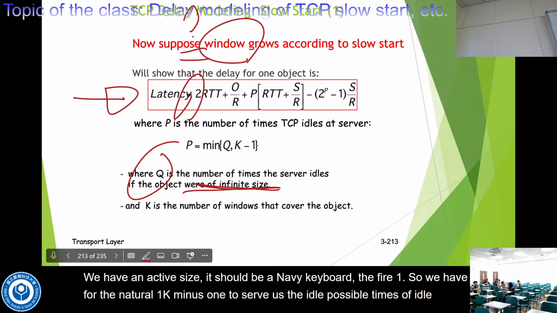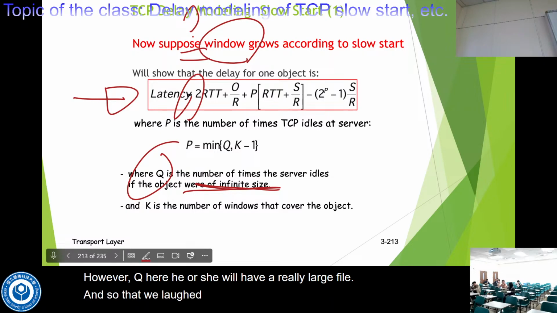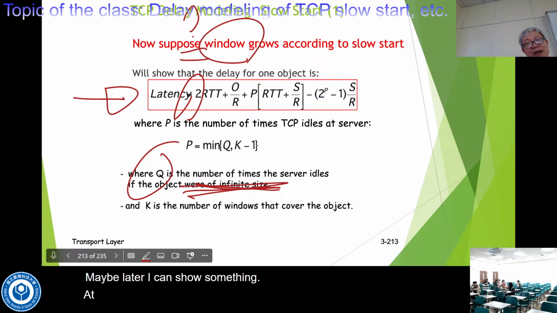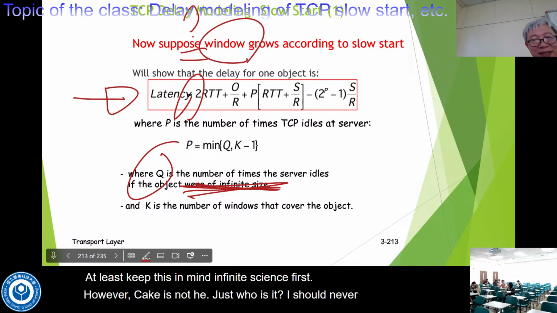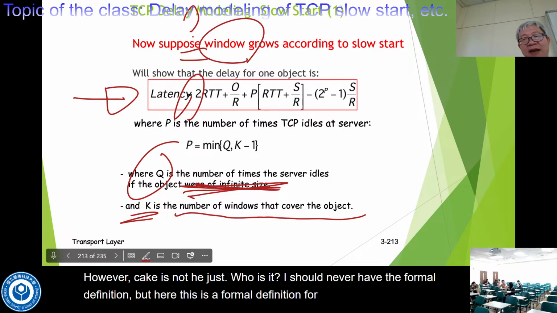However, Q here assumes we have a really large file. At least keep this in mind: infinite size first. However, K is not. Here is the formal definition for K: the number of windows that cover the object.